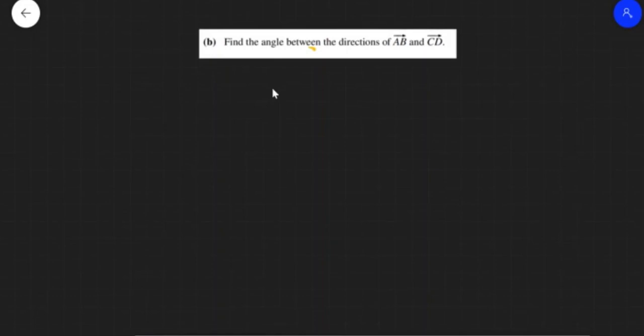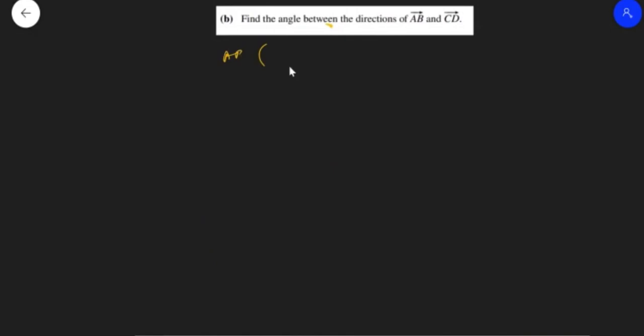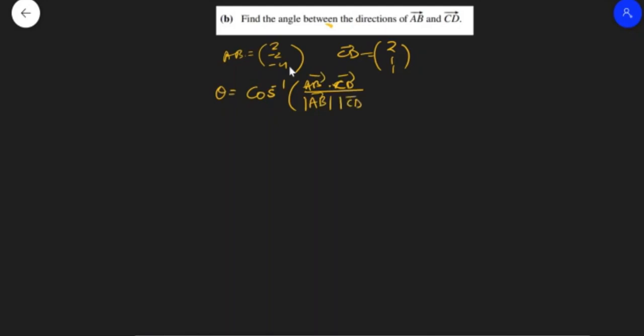Find the angle between directions of AB and CD. Okay, so AB is 2, minus 2, minus 4 and CD is 2, 1, 1. We want to find the angle between them, and we know the angle can be found by the scalar product, which is AB dot CD divided by their magnitudes multiplication.